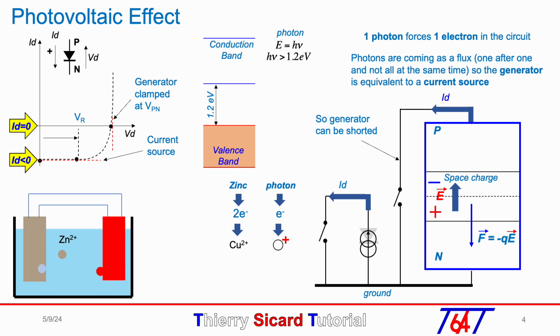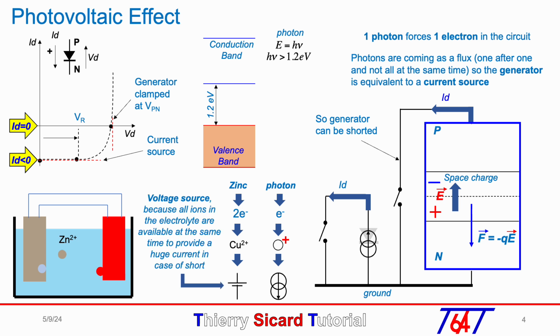As we already said, because the photon flux is coming one after one, the current is controlled by the photon flux, so the model is a current source. In opposite, the battery is a voltage source because all ions are already there in the electrolyte and they are available at the same time to provide a huge current in case of short.